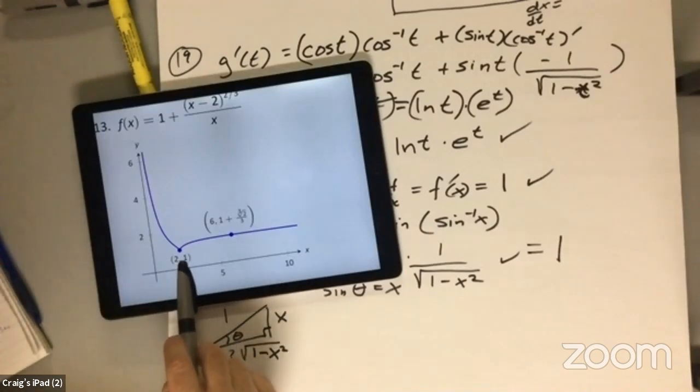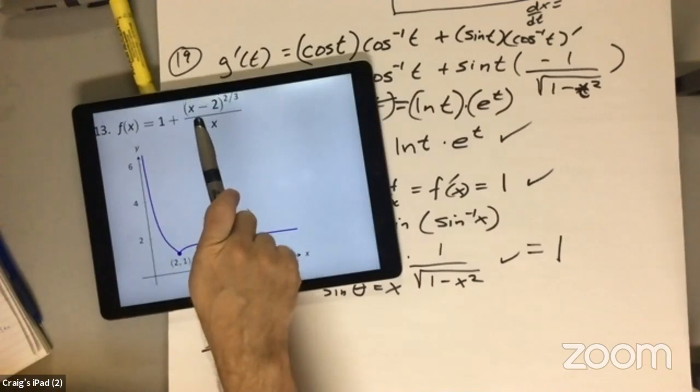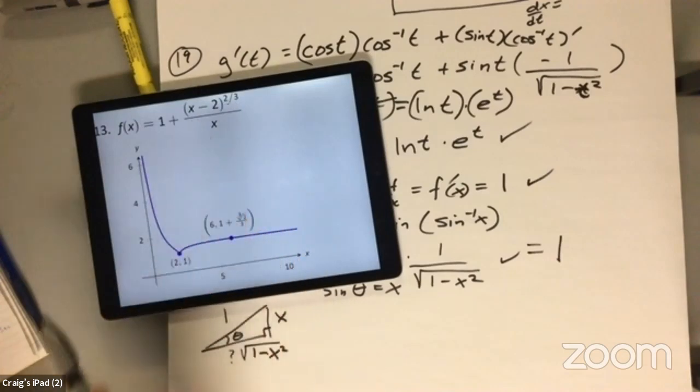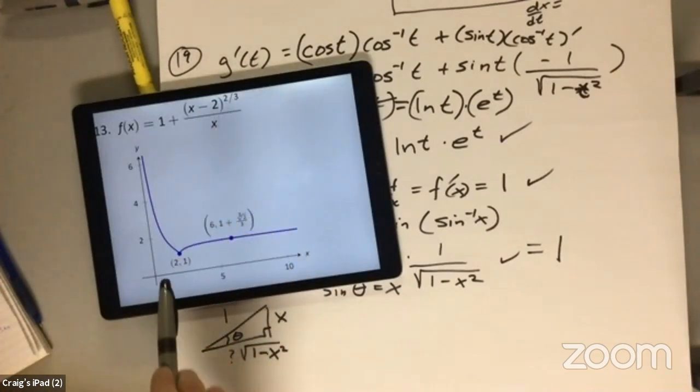If we just look at it, the indicated point here, (2, 1), looks like an absolute minimum. We have this cusp point right here. When I'm taking the derivative of the 2/3 power of an argument there, the problem is that it has a cusp.